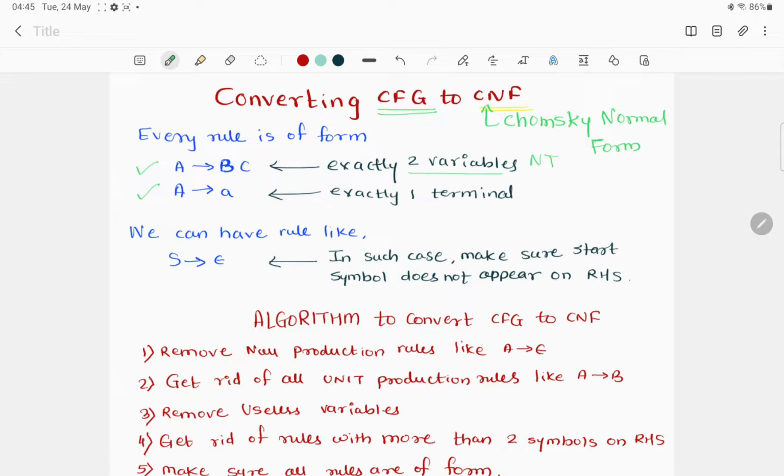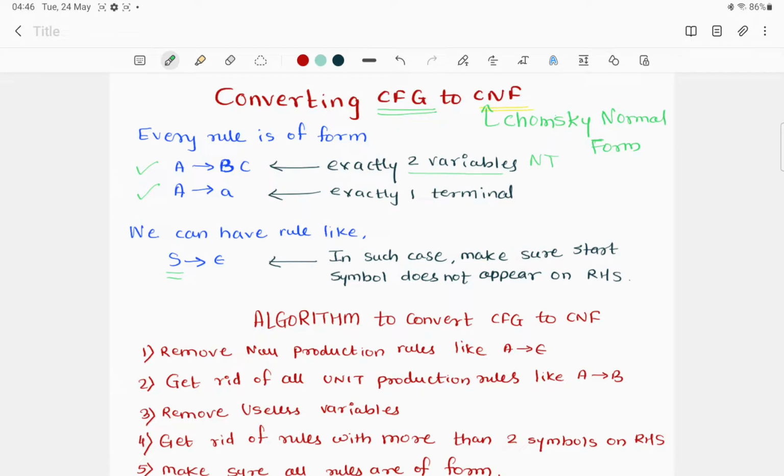Here we have an exceptional condition that some grammars can give null strings. In that case, only S giving epsilon is allowed, where S is the start variable. S can give epsilon, but no other production can give epsilon.